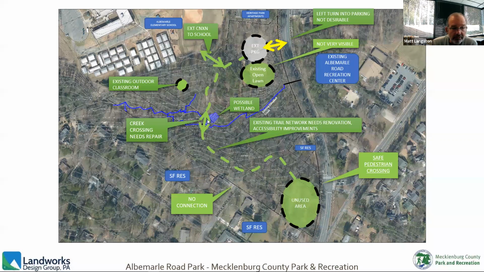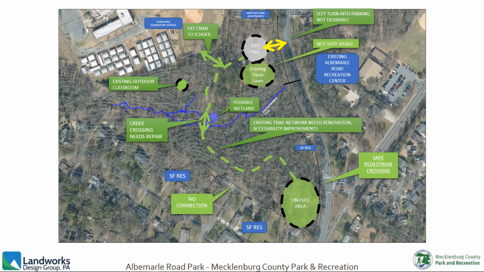As you saw in the photograph earlier, the creek crossing here is in desperate need of repair, and it needs to be put back in a way that is not going to get washed out next time we have a big storm event. The existing trail network comes and goes through the woods because of neglect of maintenance.